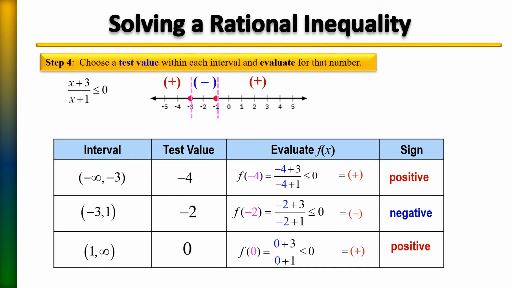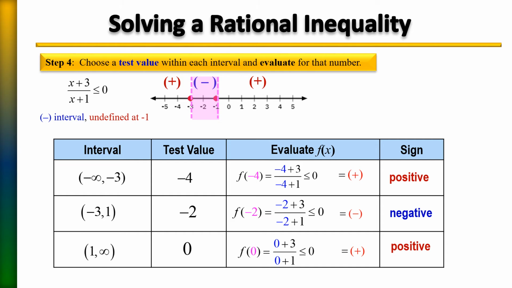Looking at our original rational expression, we're looking for values that are less than or equal to 0. So that would be our negative region, and that would be the region in between. So our solution then, because we have a line underneath for this symbol, that means that you're going to include the boundary points. But which one did we say we could not use?